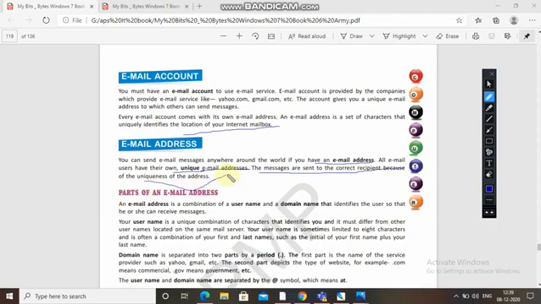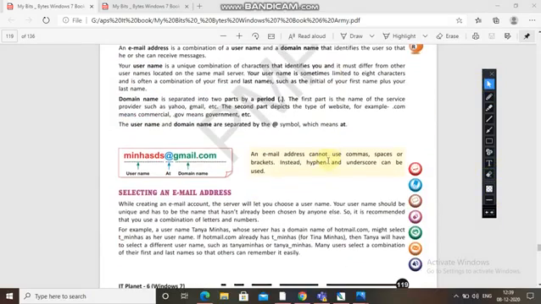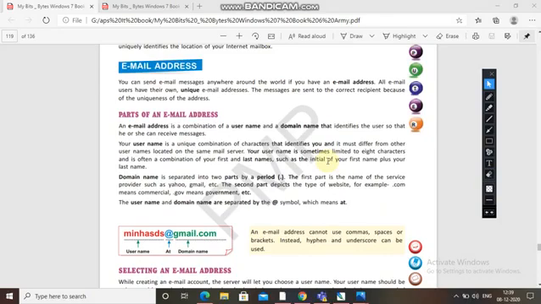Now coming to parts of an email address. What are the different parts of an email address? So you see, an email address is a combination of username and domain name that identify the user so that he or she can receive messages.